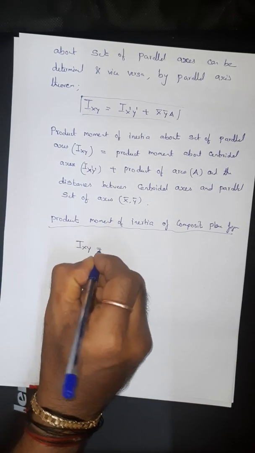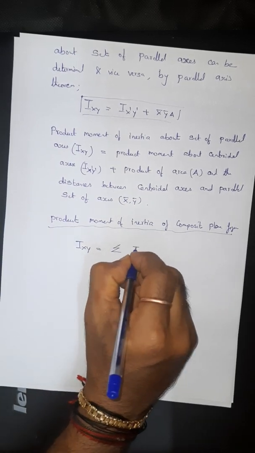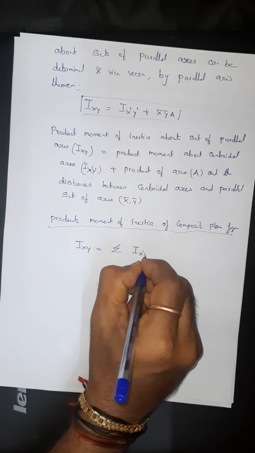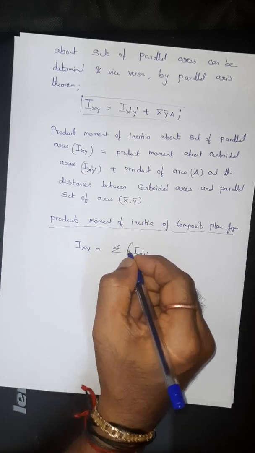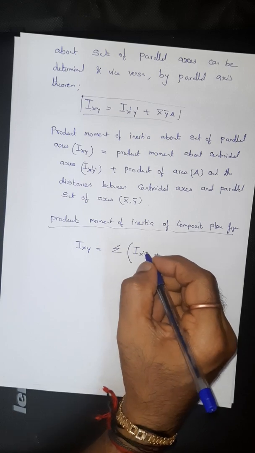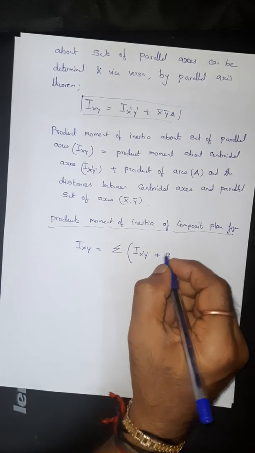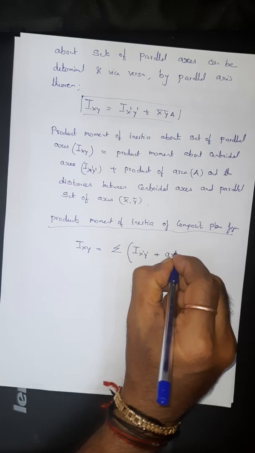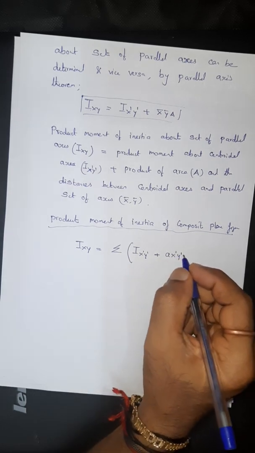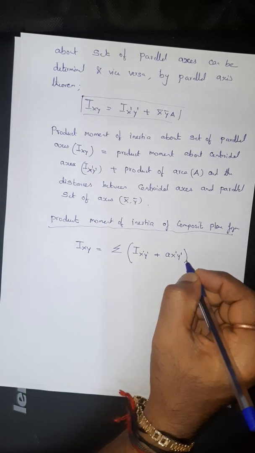So Ixy equals the sum of the product moment of inertia about the centroidal axis plus area into x dash y dash.